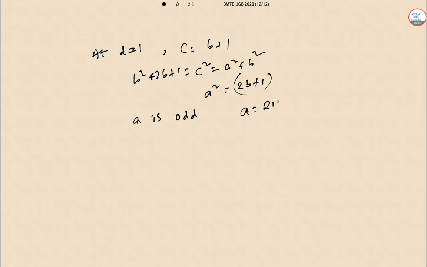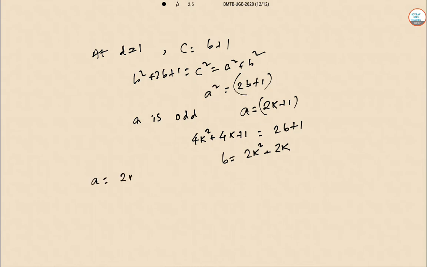So a equal to 2k plus 1. So 4k square plus 4k plus 1 equal to 2b plus 1, so b equal to 2k square plus 2k. So a equal to 2k plus 1, b equal to 2k square plus 2k, c equal to 2k square plus 2k plus 1.